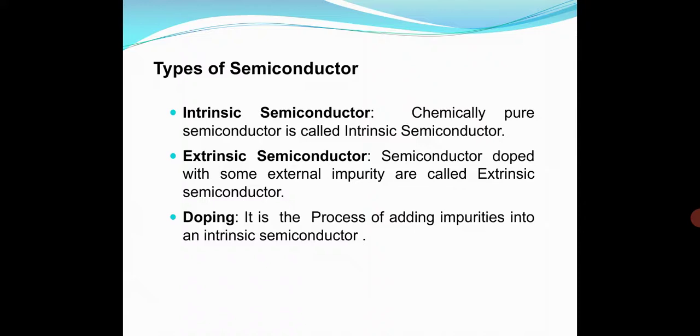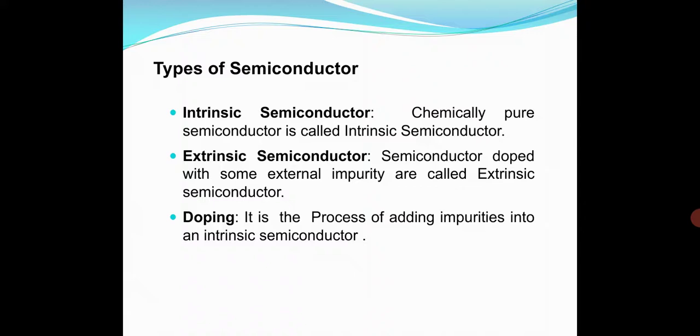Now, types of semiconductors. The name itself suggests that sometimes it will work as a conductor, and sometimes it works as an insulator. That's why these are termed semiconductors. Now there are two types: intrinsic semiconductor and extrinsic semiconductor.